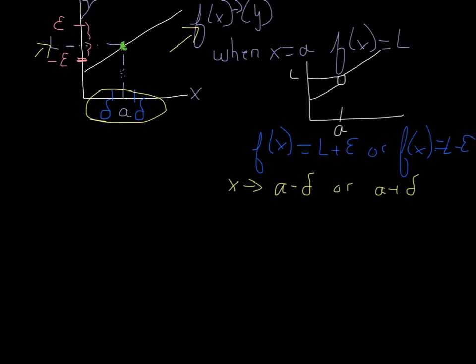So that's why we write it like this. We always talk about the absolute value of x minus a always being less than delta, because that's a value along the x-axis.